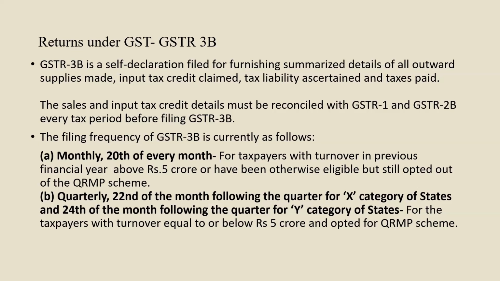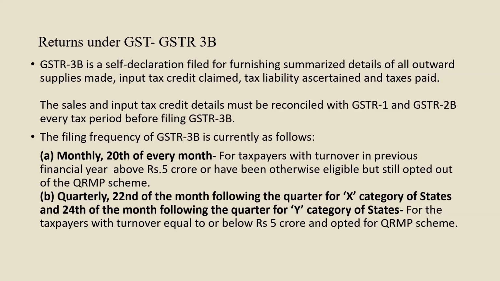Now there is a due date for GSTR 3B, which is the 20th for normal taxpayers, and for QRMP it is the 22nd and 23rd for two categories of states, X and Y. There are two categories that have been made, just like we saw the 20 lakhs, 40 lakhs, 10 lakhs, 20 lakhs, normal and special category. Here also. So if you have opted for QRMP, it's on a quarterly basis, the 3B.